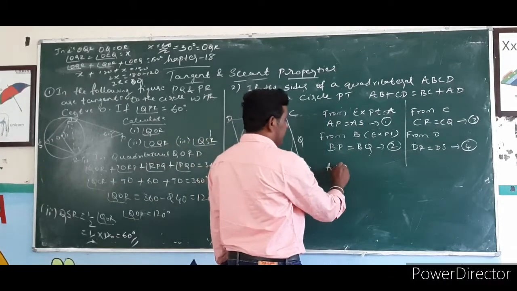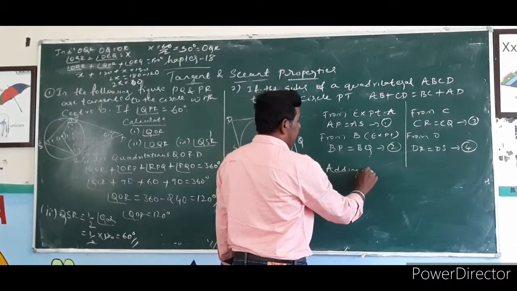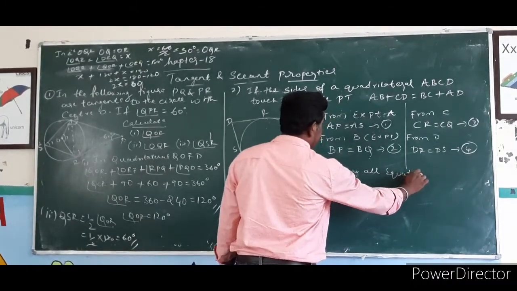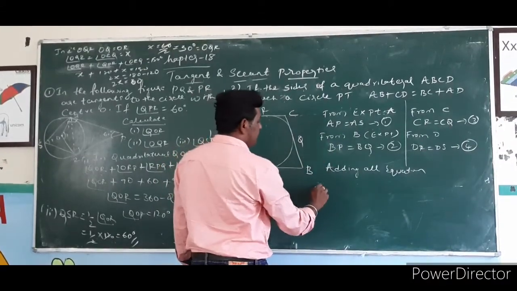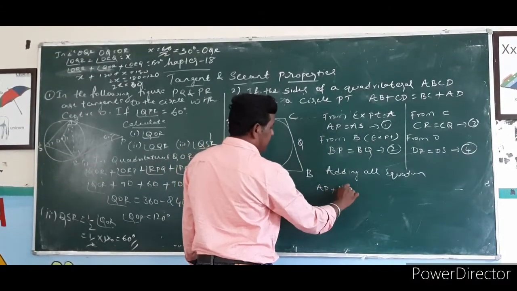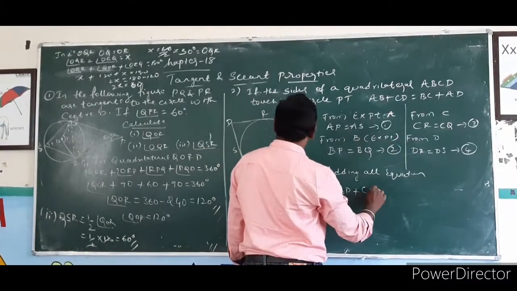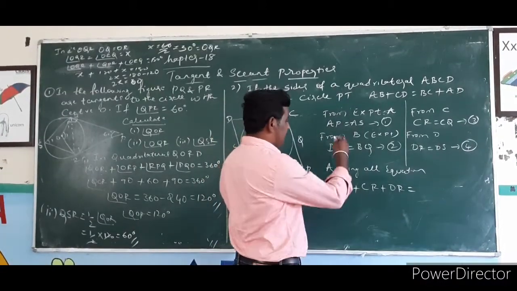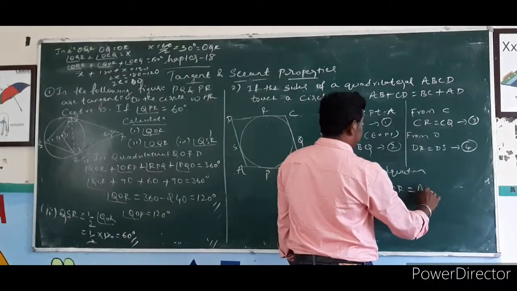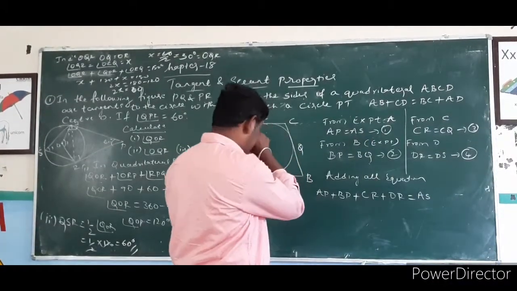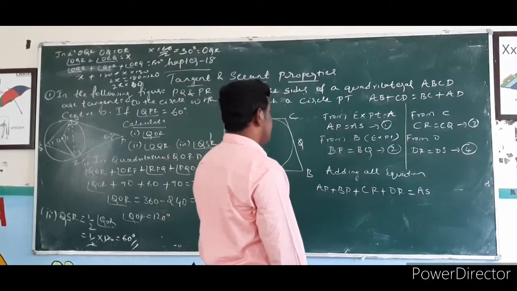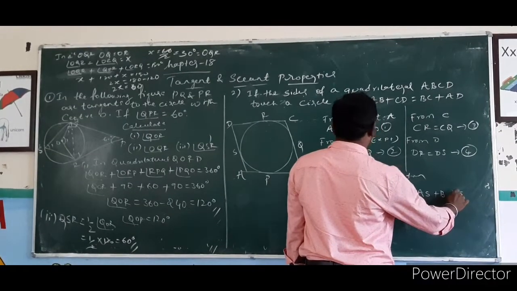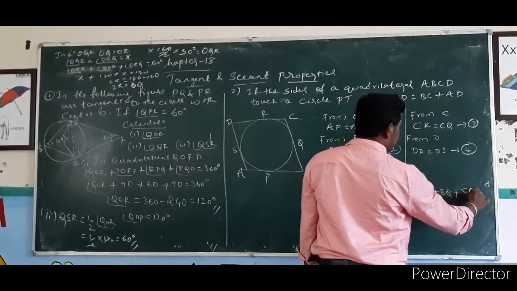Add all four equations. Adding all the equations, on the LHS we have AP plus BP plus CR plus DR, and adding the RHS, AS plus BQ plus CQ plus DS.